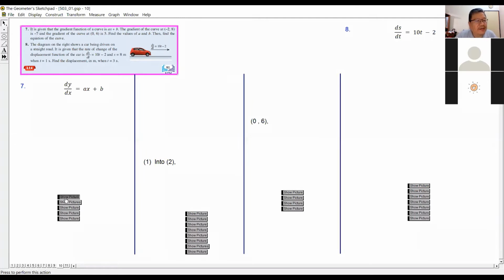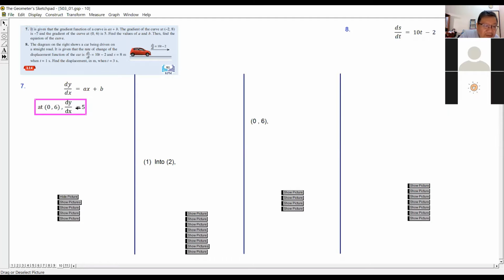Okay, like we see here. Now you are given that at the point (0, 6), dy/dx is 5. (0, 6) means x is 0, y is 6. Okay, so I don't have to integrate yet because the value given here is dy/dx.